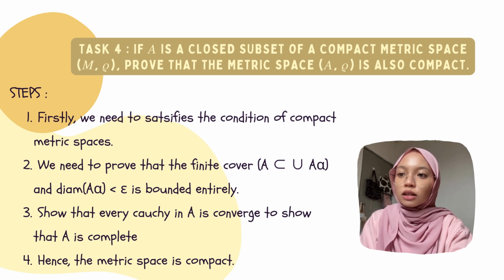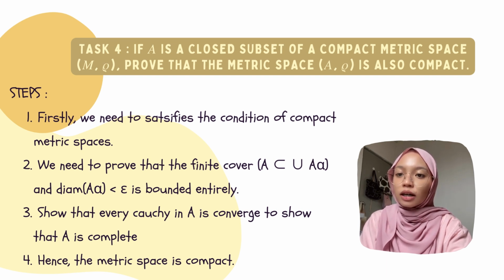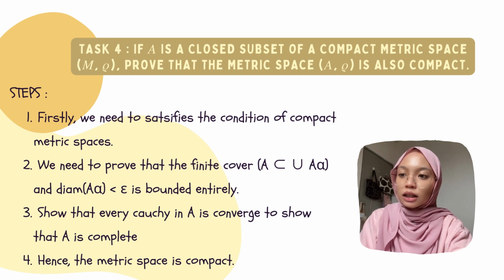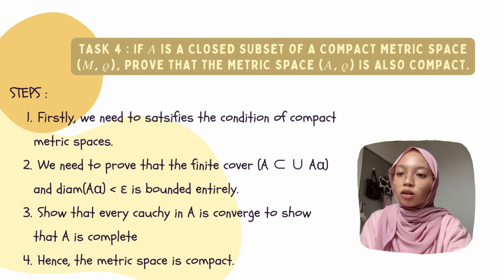The first condition is that we need to prove that the finite cover of A by sets A_alpha with diameter of A_alpha less than epsilon shows A is totally bounded. And the second condition is we have to show that every Cauchy sequence in A converges, to show that A is complete. Hence, the metric space is compact.